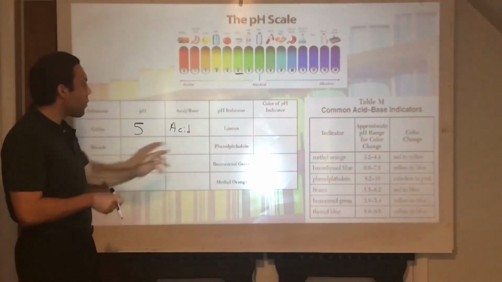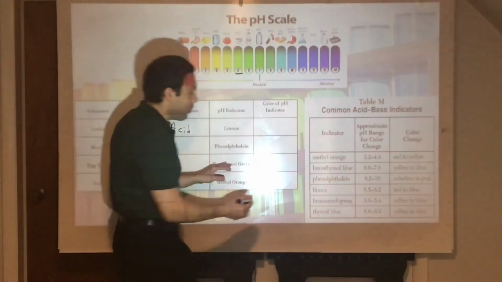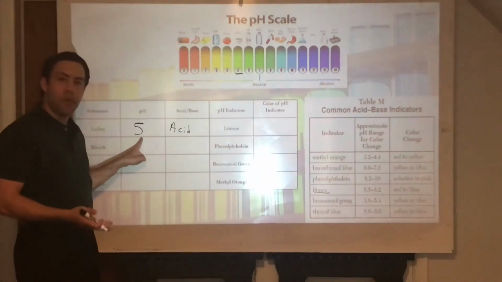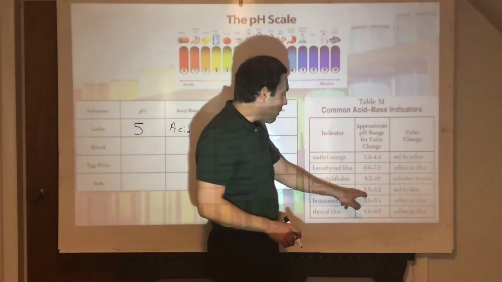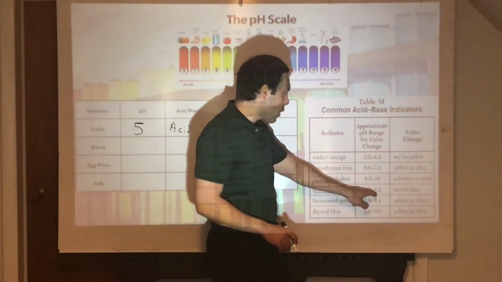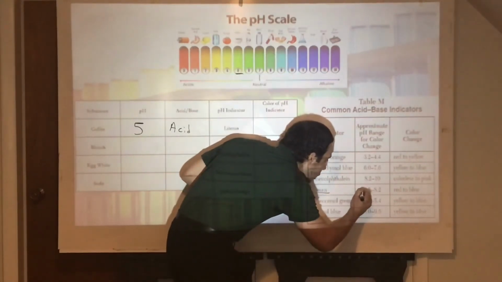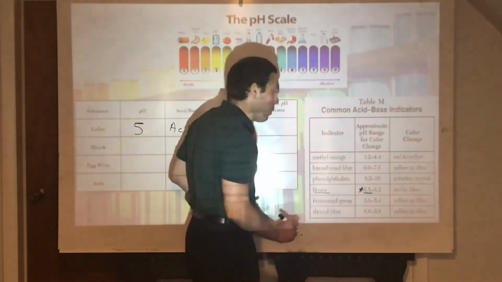Now it's asking for the color of litmus. So we go to Table M, we find litmus, and remember the pH of coffee is 5. So is the number 5 lower than 5.5 or greater than 8.2? Well, obviously, the number 5 is lower than 5.5, the number on the left of column 2.